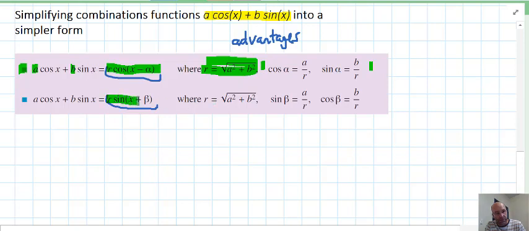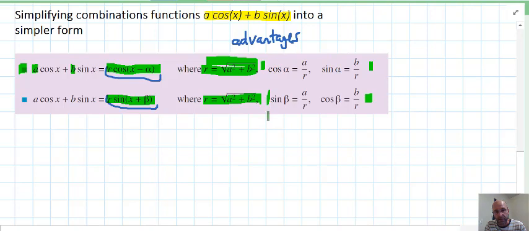It is also possible to convert a cos x plus b sine x into r sine(x plus beta). So it's x plus, this time, some other angle beta. Again, r is the square root of a squared plus b squared. Sine beta is a over r and cos beta is b over r.